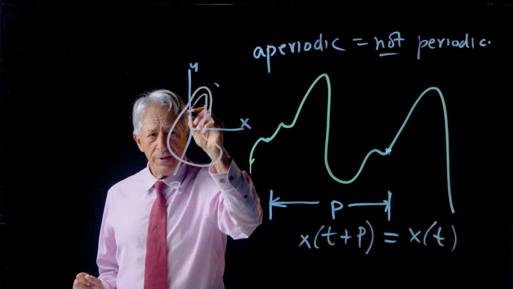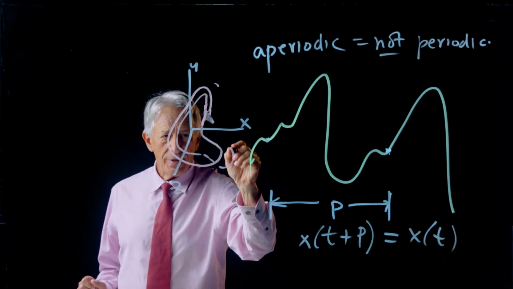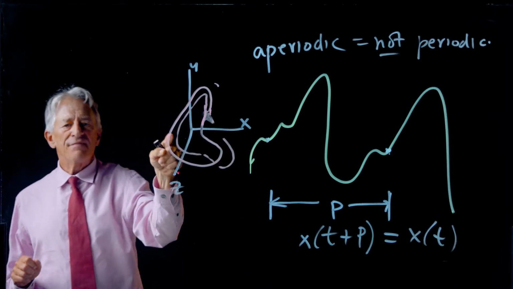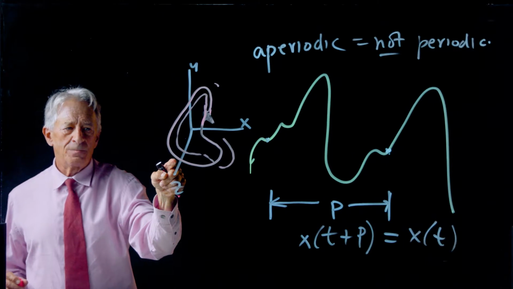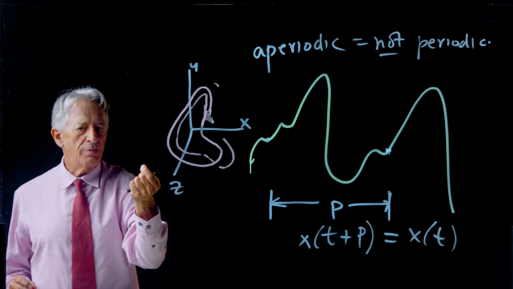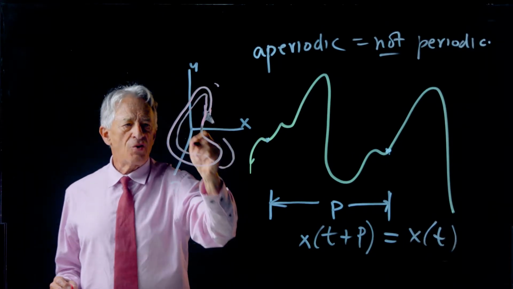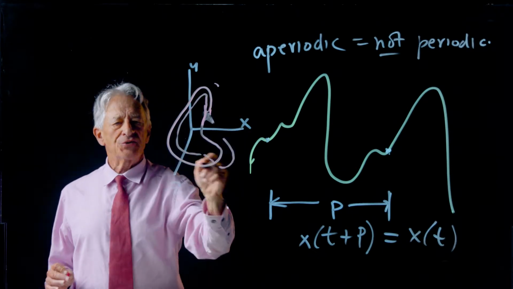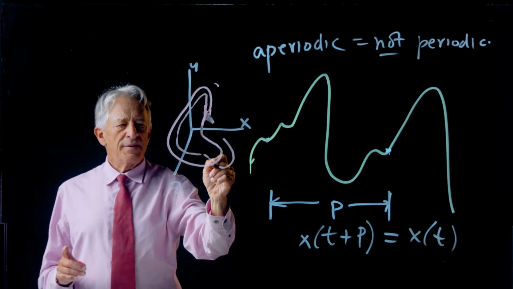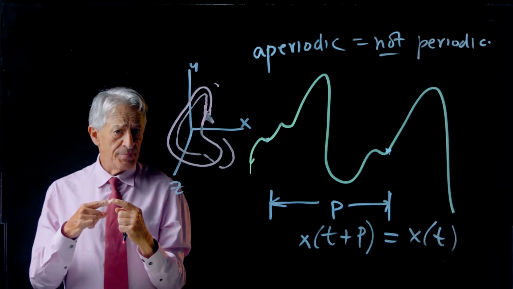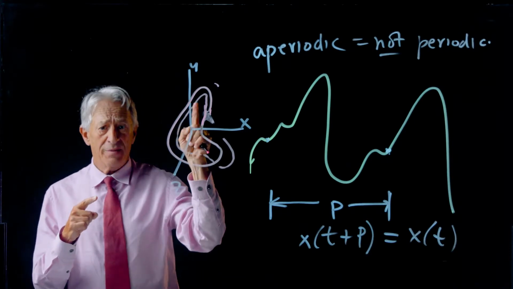And we're now going to be inscribing a trajectory that can never close, can never become a closed loop. We're going to have to inscribe an infinite trajectory that never closes because it's aperiodic.